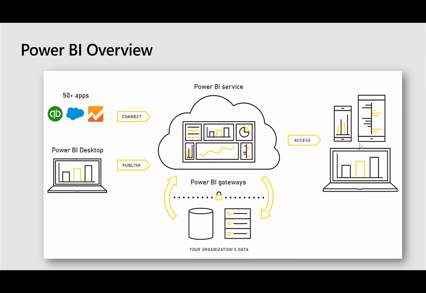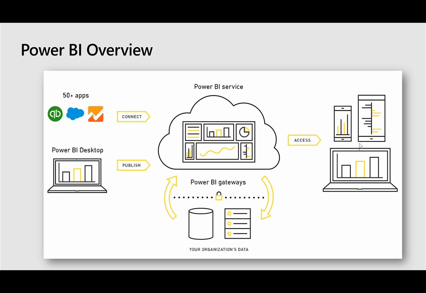The Power BI service, which runs in Azure, connects to the data sources, like on-prem data sources, or data sources in a different VNet, through the Power BI gateway, which is the on-premise data gateway.